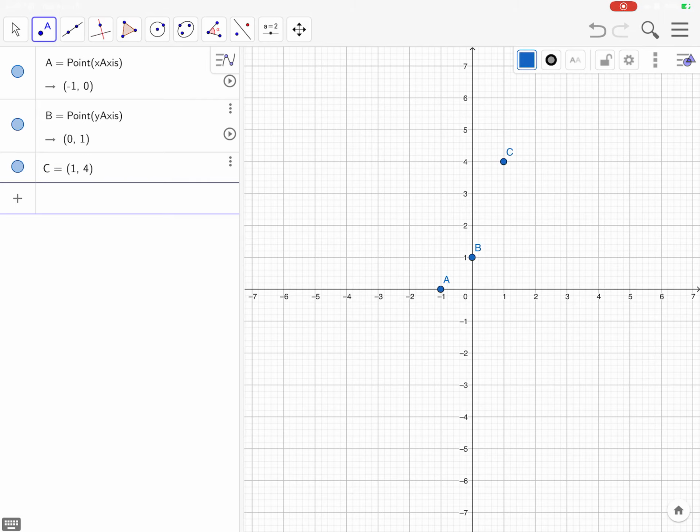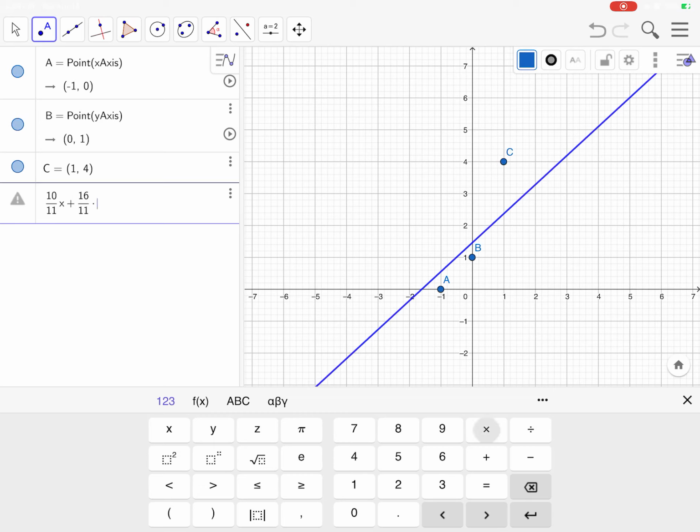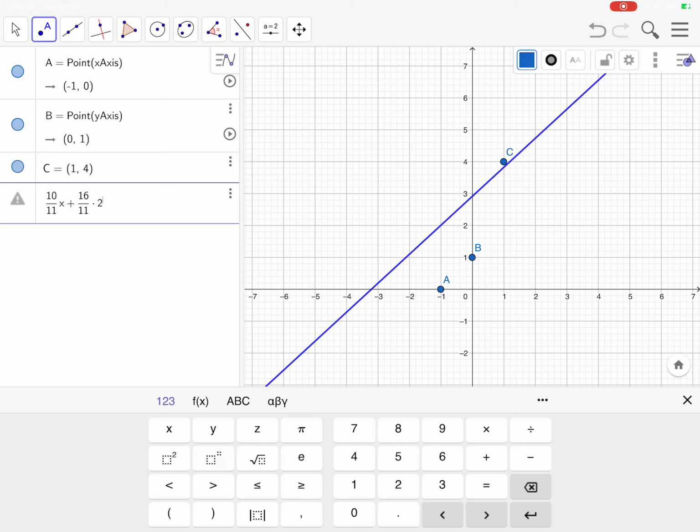And so what I could do here would be to type in R0 is 10/11, and that would be times x, and we would add that to 16/11, that's R1, times 2 to the x. Let's go ahead and throw times in there for x.